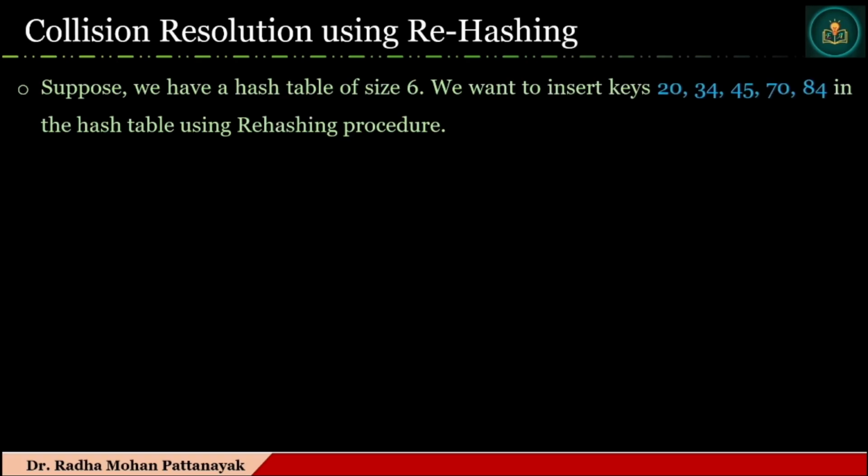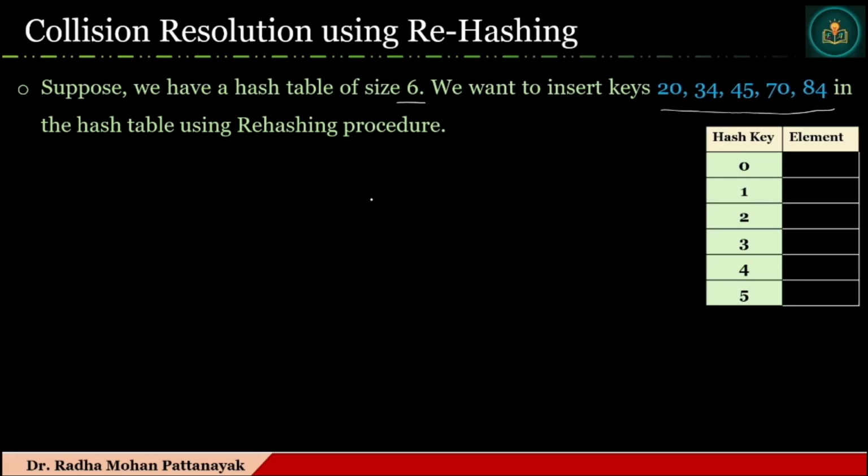Suppose we have a hash table with size 6 and we want to insert 20, 34, 45, 70, 84. First we apply the division method to calculate the address of each element. Let's start with the value 20. 20 modulus 6 equals 2. Now calculate the load factor.